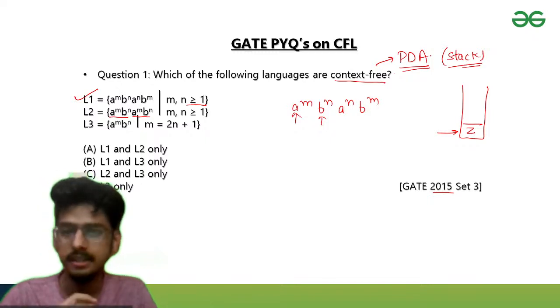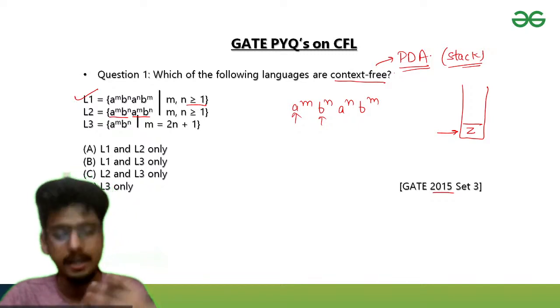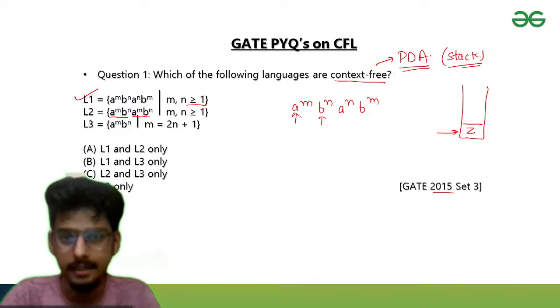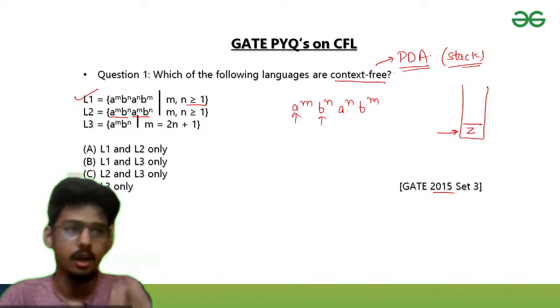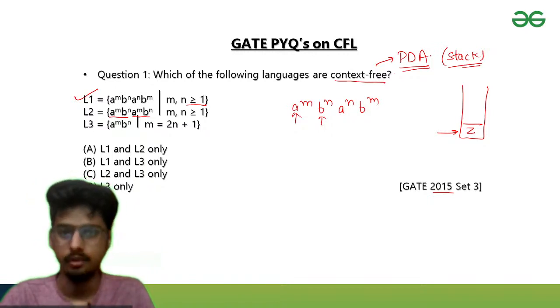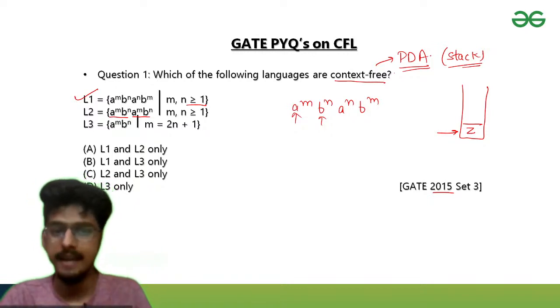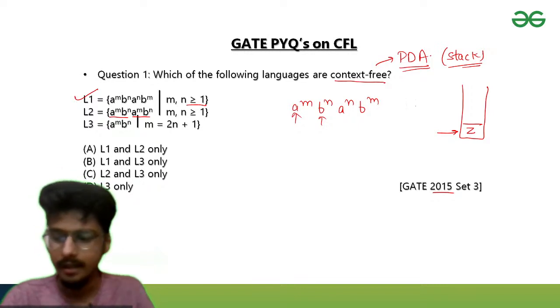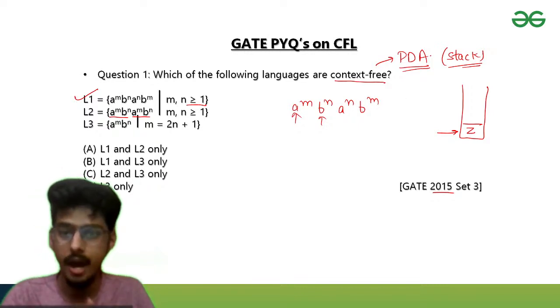In context free languages, we try to make comparisons. Why are context free languages less restrictive as compared to finite automata languages, which are regular languages? It is because in context free languages I can make comparisons. So now try to figure out the comparisons you have to make.